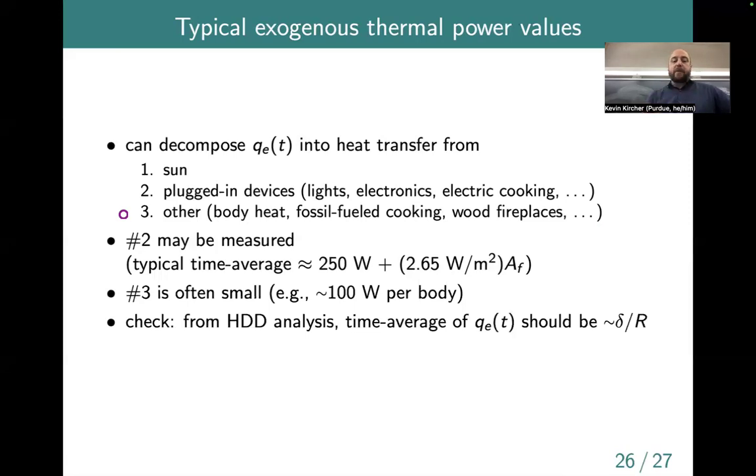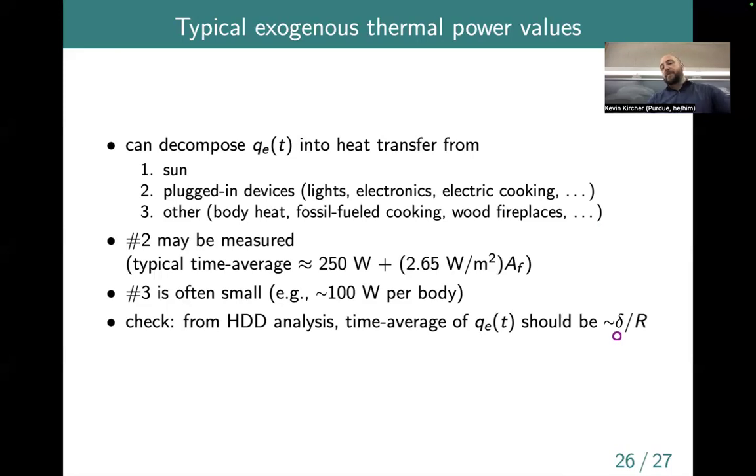And you may remember from the first way that I presented, using weather data and utility bill data to estimate the thermal resistance, we also got this interesting formula that said that on average over time, the value of QE should be about delta divided by R. We talked about lots of ways to estimate R, and delta, again, is this number. It basically says, what does the indoor-outdoor temperature difference have to be before you have any demand for heating from the house.